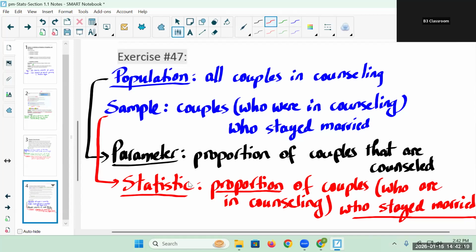If you had 100 couples in your population, your proportion is 100%. But if only 73 stayed married, then your statistic will be 73%, or 73 out of 100, however many there are. That's why I said this is kind of minor here and doesn't make as much sense, because what the counselor is trying to figure out is the proportion of all the couples that they have counseled who actually stay married.